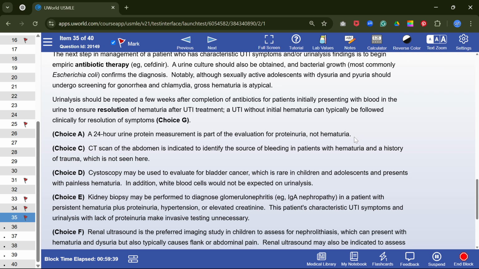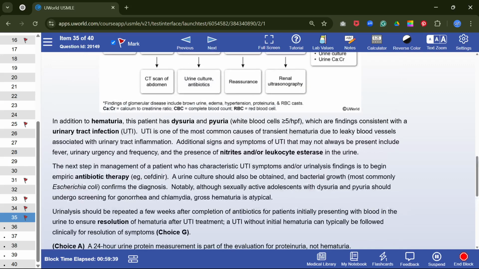Kidney biopsy may be done to diagnose glomerulonephritis or IgA nephropathy in patients with persistent hematuria plus proteinuria, hypertension, or elevated creatinine. This patient's characteristic UTI and urinalysis with lack of proteinuria make invasive testing unnecessary.